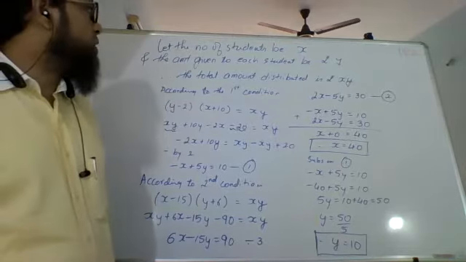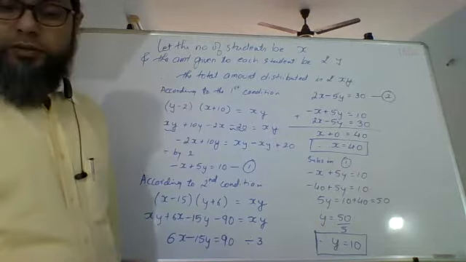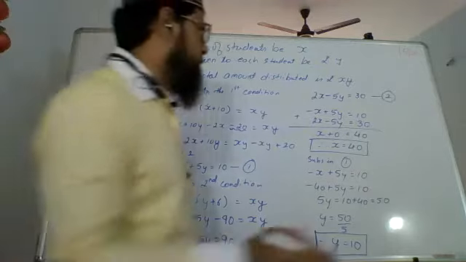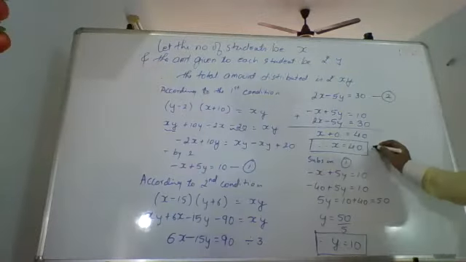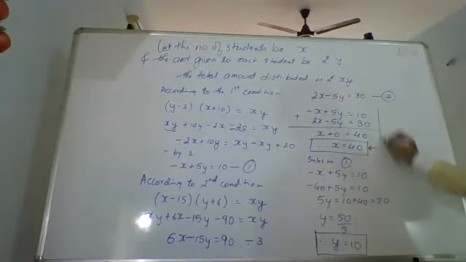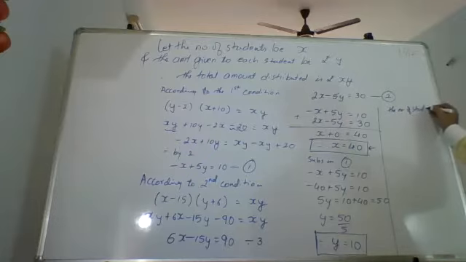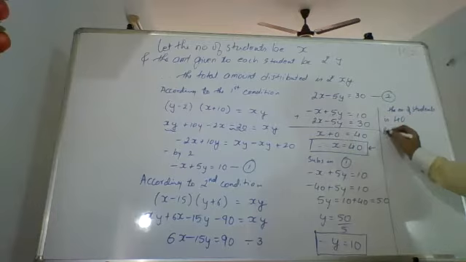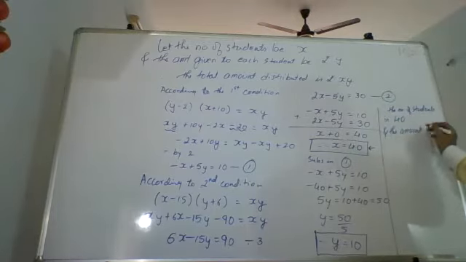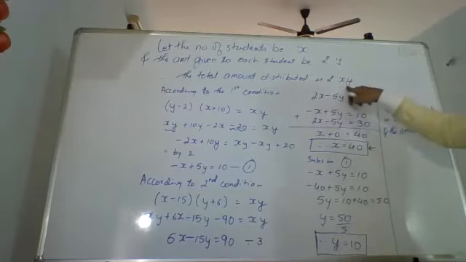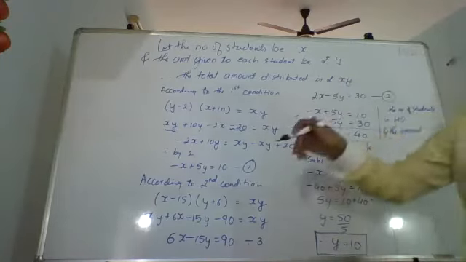Now the question was the number of students, isn't it? Find the number of students. So we have the number of students that we already have. Therefore, the number of students is 40, and the amount distributed, that is actually x into y and not y.